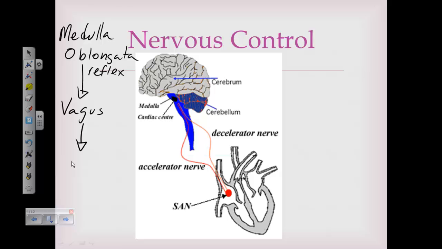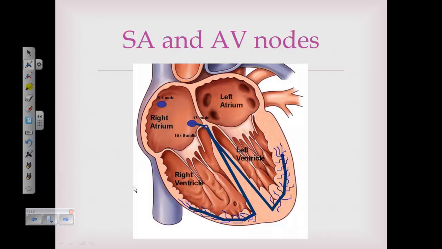The vagus nerve sends the nervous message into a node called the SA node. The SA node is nerve tissue, and this is going to set the pace, set the rate of your beat, so it's called the pacemaker.